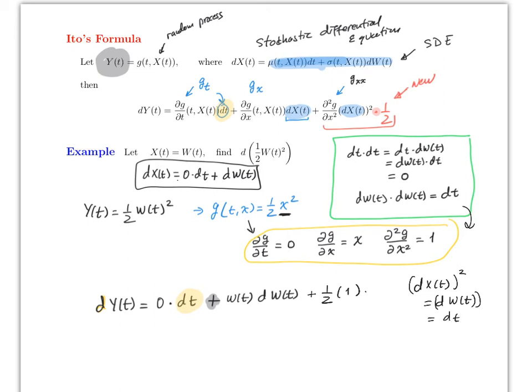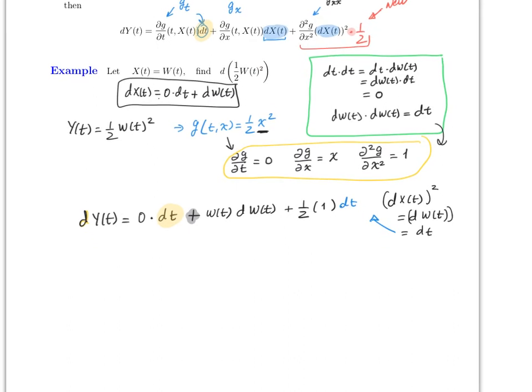So this is just equal to dt. So therefore this will be dt from here. Then you just combine all the dt. This one is 0, there's no need to combine. So therefore this will be 1/2 dt plus wt dwt. And that's the derivative.